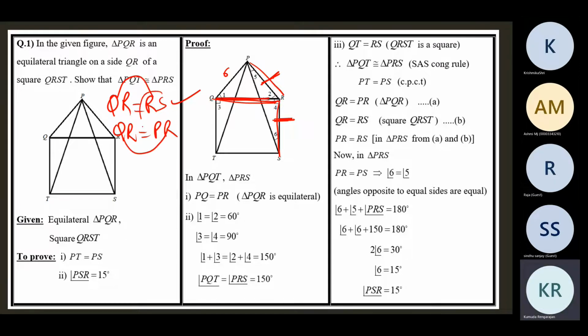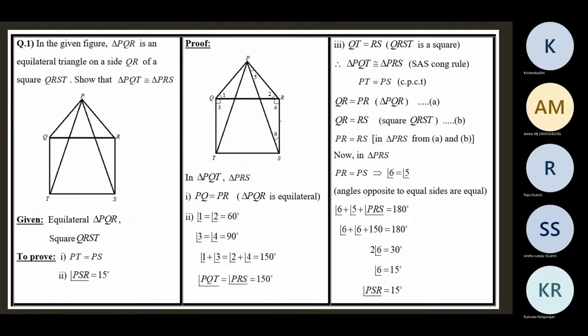So from these two, we get RS is equal to PR. If RS is equal to PR in triangle PRS, then angle 5 is equal to angle 6 by the theorem that angles opposite to equal sides are equal.